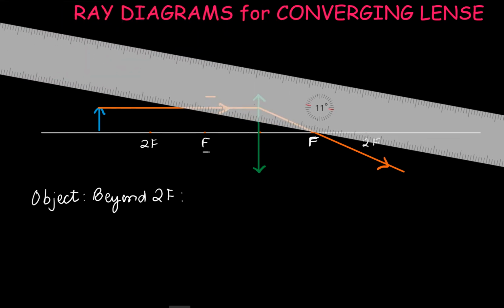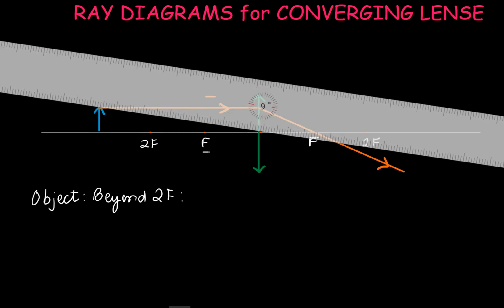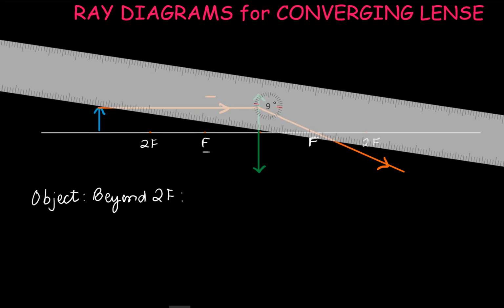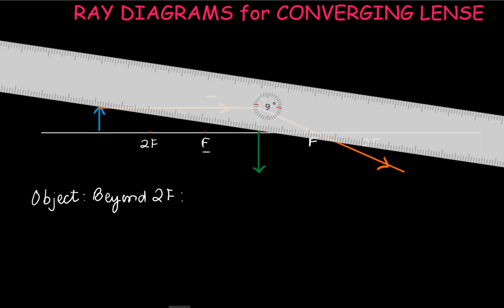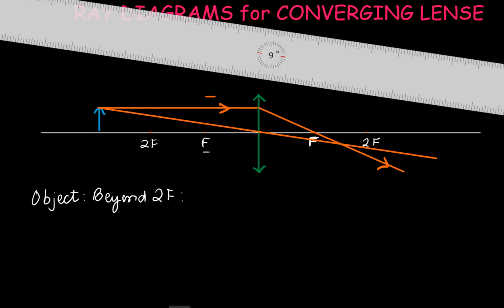The second line is going to start from the top of the object and go through the center of the lens. This is how you're going to construct your ray diagrams.